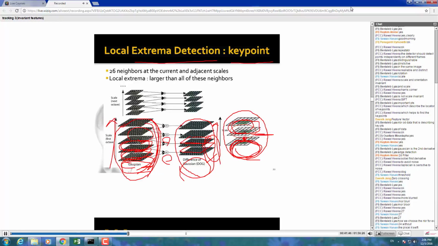Upper DOG 9. So 9, 9, 9, all becoming 27. Without the pixel itself, it's becoming 26, not 24. Is it clear? By the way, for this extrema detection, we are considering the pixel itself. So we are looking at the 27 pixels around the current position, every pixel.